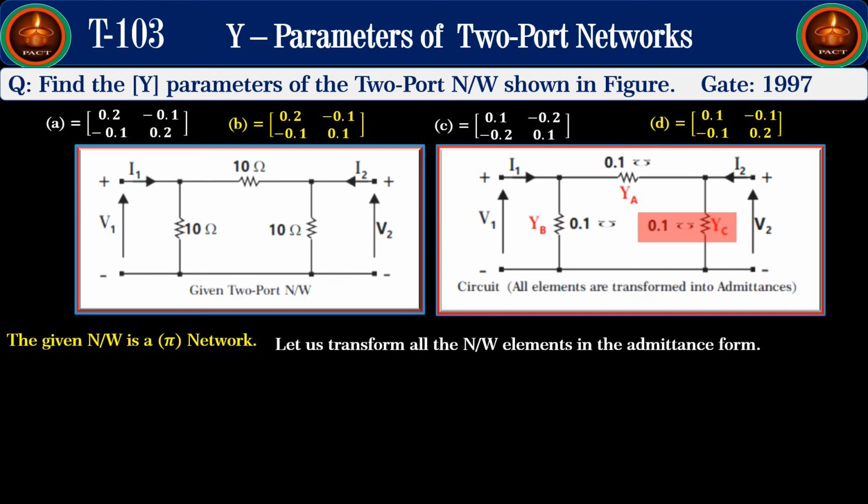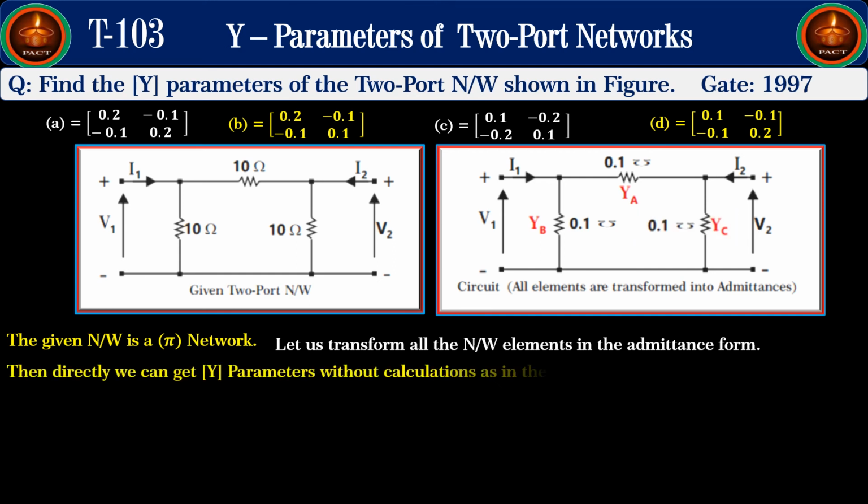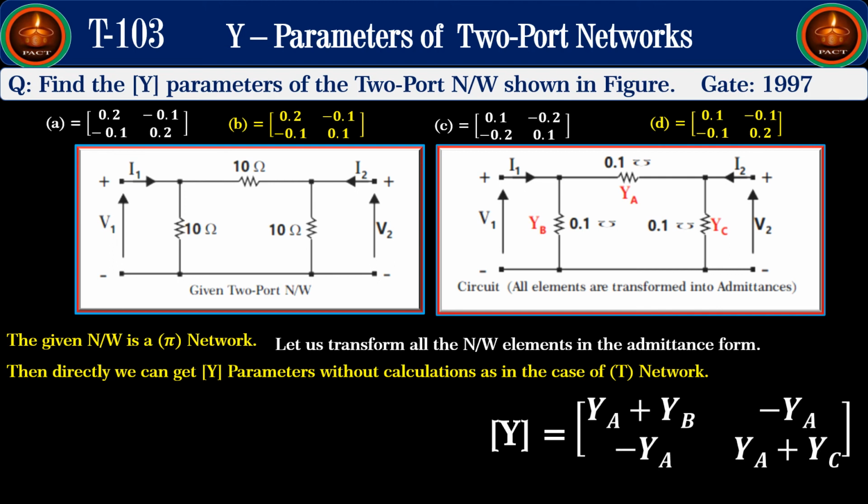Now, once we transform all the resistances into admittances, you can straight away write the y parameters as we wrote z parameters in the T network. So, you can write y is equal to the matrix Ya plus Yb, minus Ya, minus Ya, and Ya plus Yc.